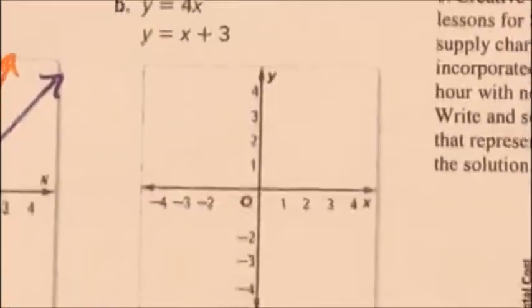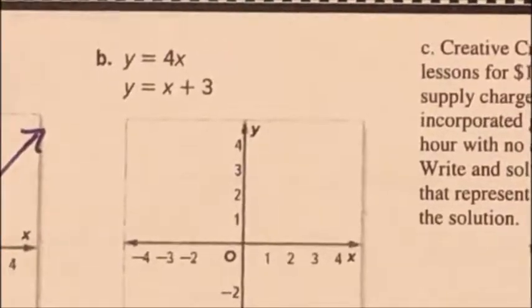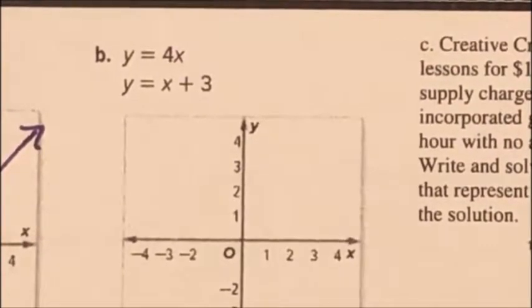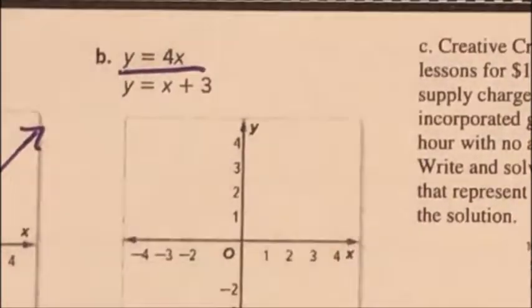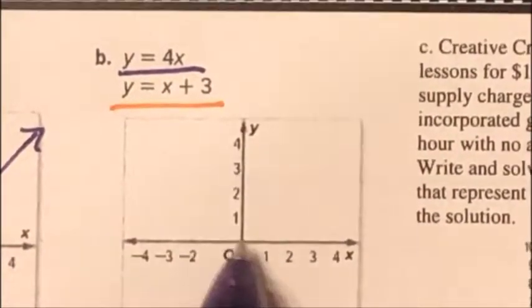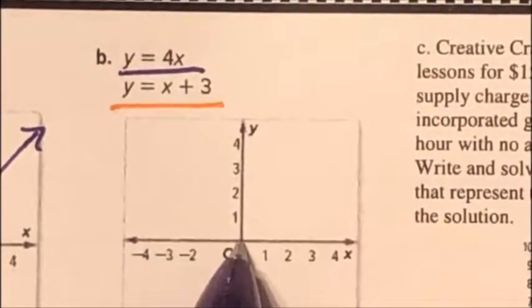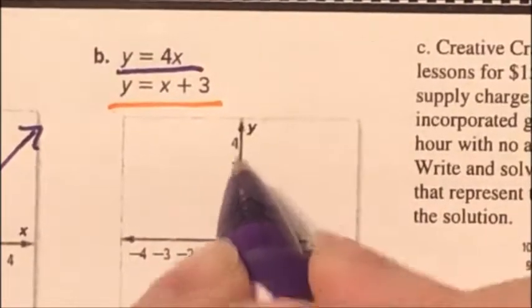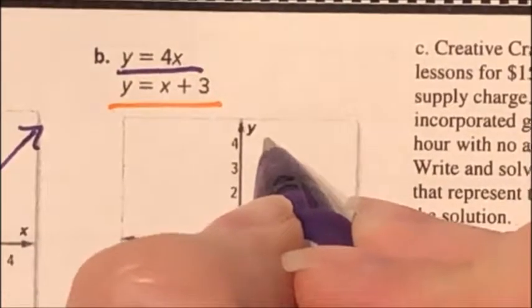Letter B, y equals 4x, y equals x plus 3. I'm going to solve them graphically. So my 2 equations. I start here at 0, 0. My first one, I go up 4 over 1.